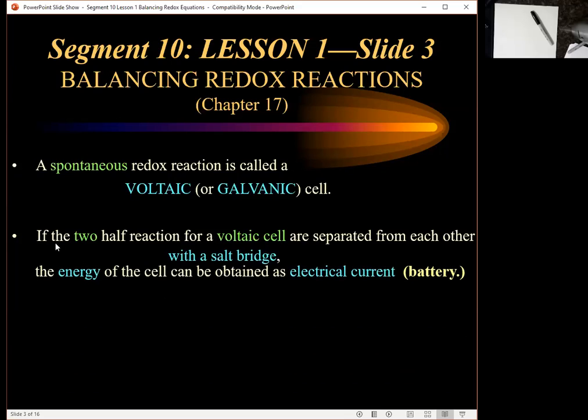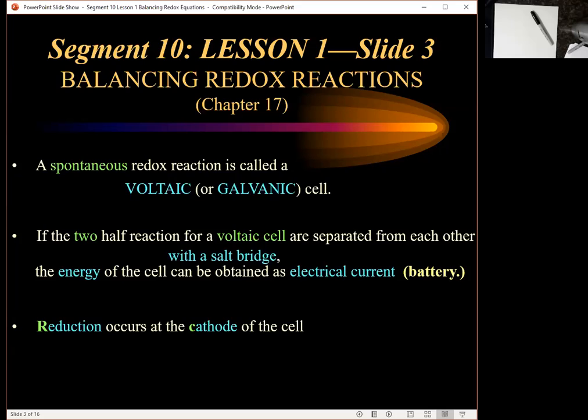Now, the energy of the cell causes an electric current, and that's a battery, which is what we talked about a moment ago. We have two electrodes. One's called the cathode, and the other is called the anode. Students are often taught that the cathode is one charge and the anode is the opposite charge.